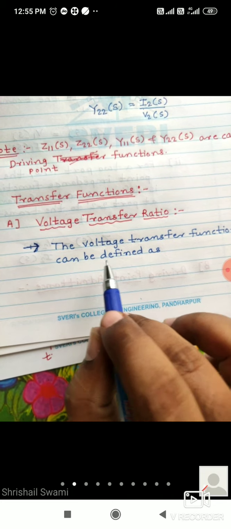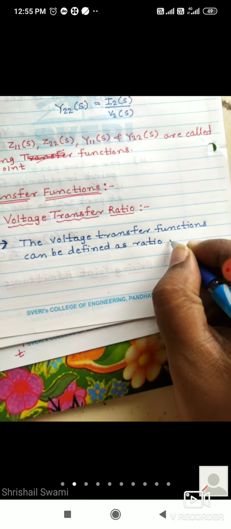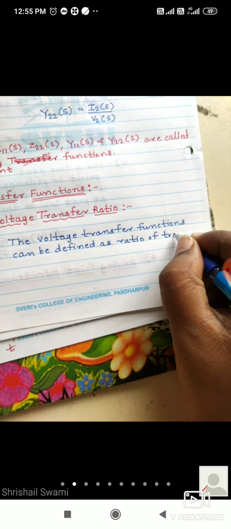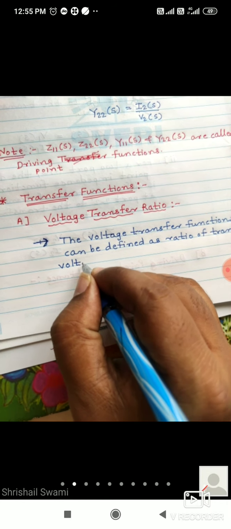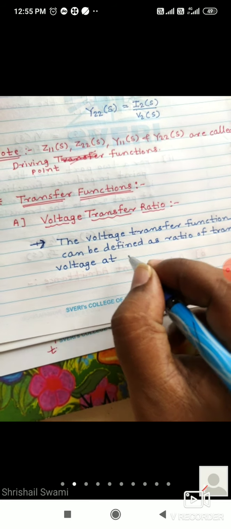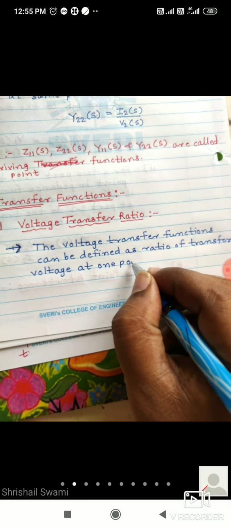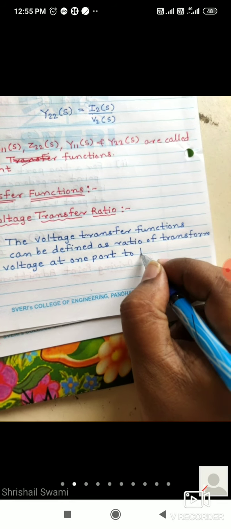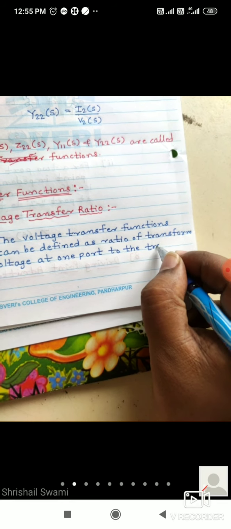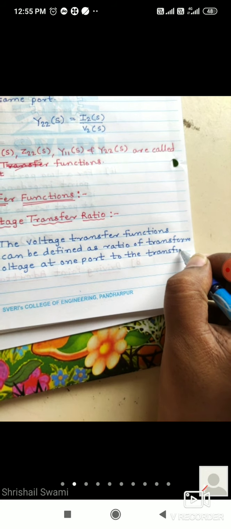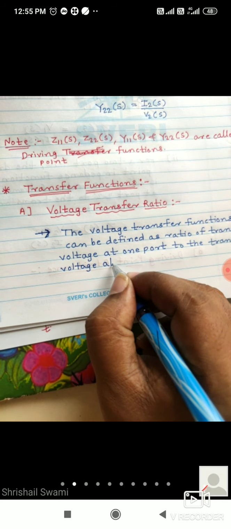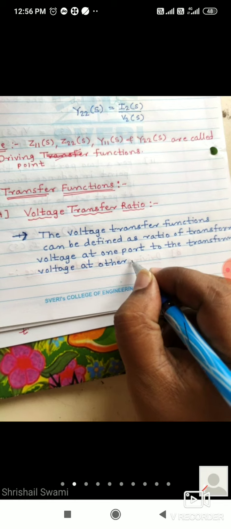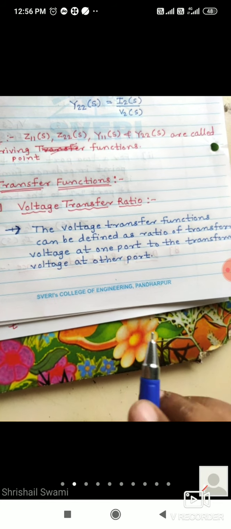The voltage transfer functions can be defined as ratio of transform voltage at one port to the transform voltage at another port or other port.